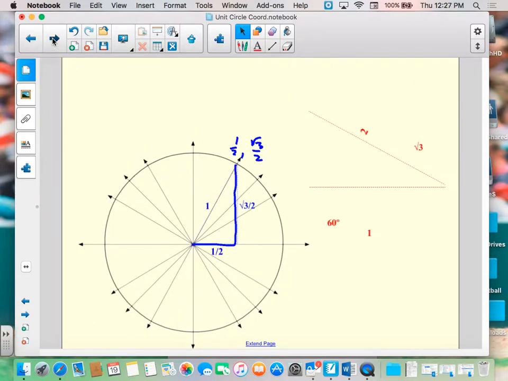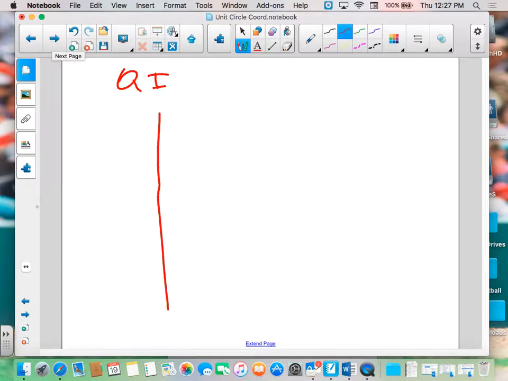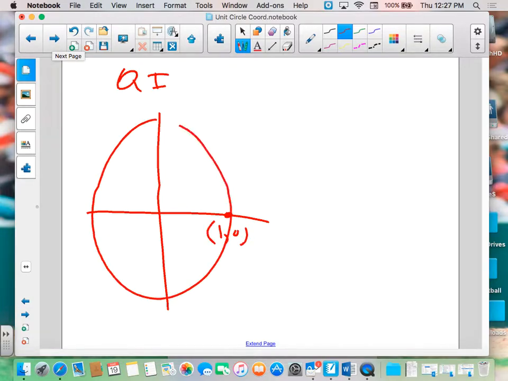All right, so now, before I show you the finished unit circle, I want you to practice quadrant 1. Let's start right here. Where is that point? 1, 0. So I'm making a unit circle. Sorry that it's not very nice. Radius is 1. Now I'm going to go up 30 degrees.